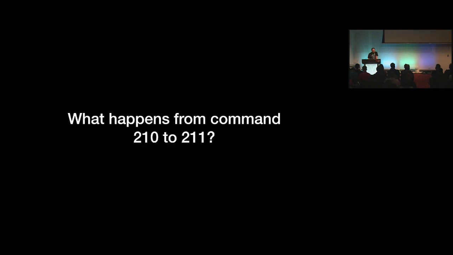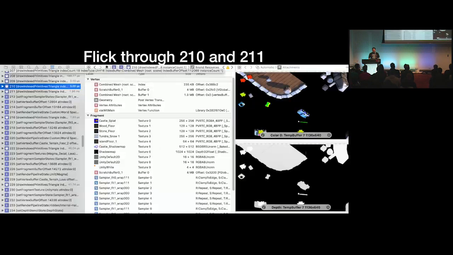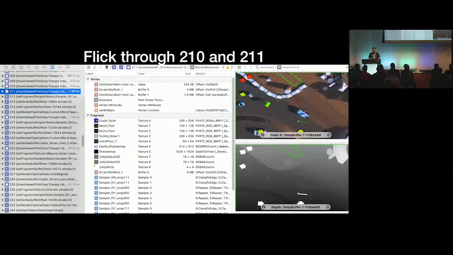We also want to see what happens between 210 and 211. It's a good way to visually debug and see what's actually being drawn. So we can go back to that screen buffer and toggle between 210 and 211, so you see what it's actually doing.